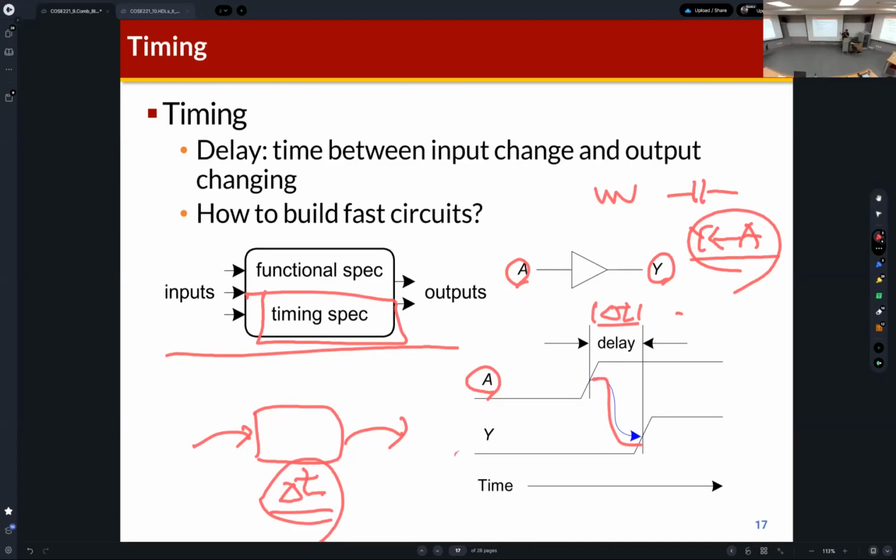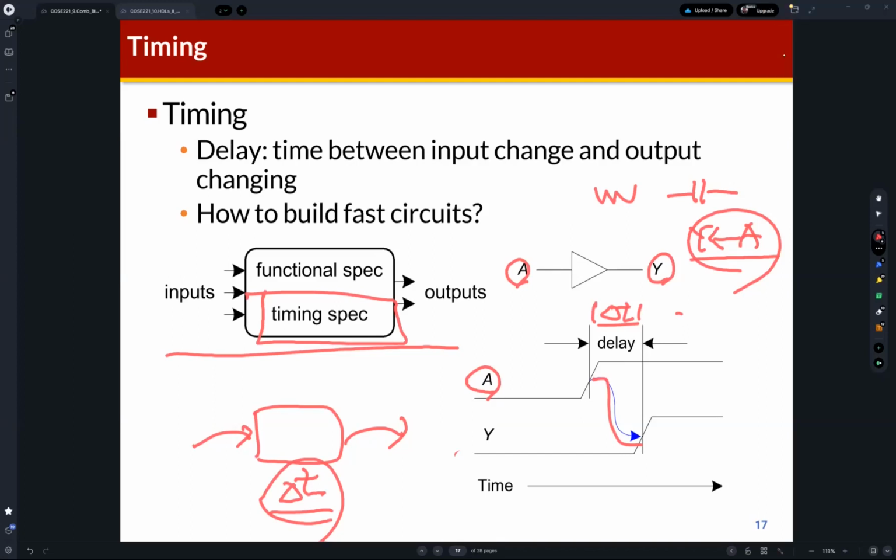So we need to also consider this delay, the timing part of the circuit, when we build the top module, which is very important. I believe you are very familiar with software coding. But when you write code, we don't need to consider this delay. We think that when the code is executed, the output is immediately determined based on the input values. Right? That is the illusion.